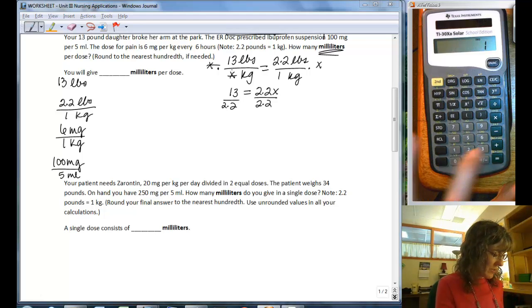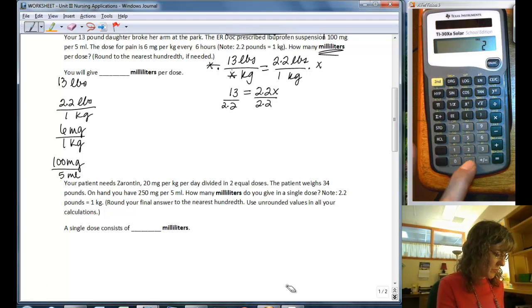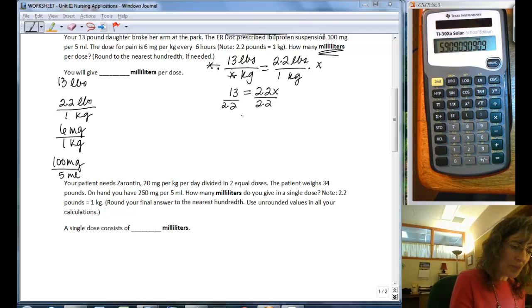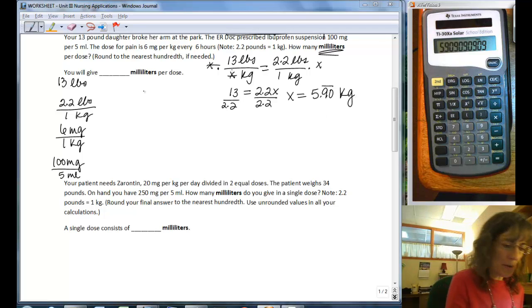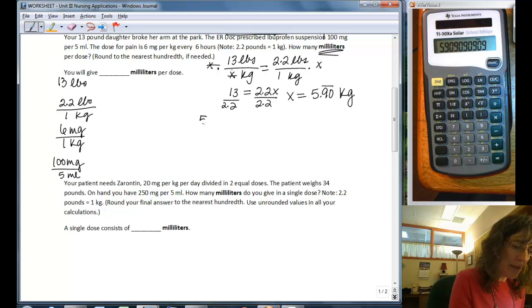And now my calculator. 13 divided by 2.2. And so x equals 5.90 repeating, and now we're in kilograms. So then I can take 5.90 repeating kilograms, and now I'll be able to convert it, using this factor, to milligrams.